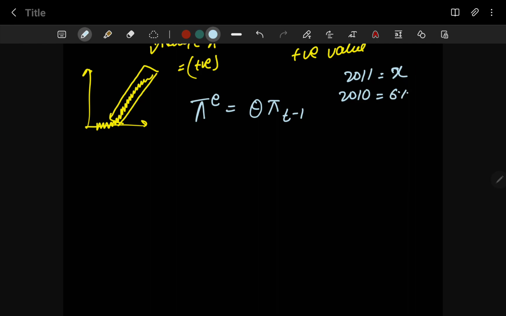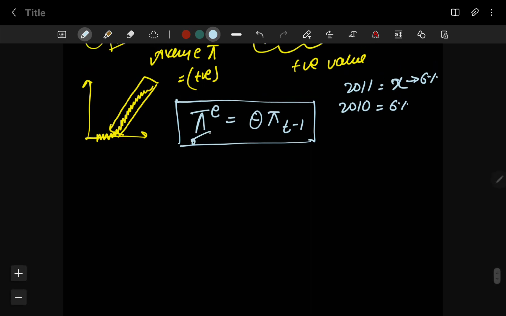I know that inflation is increasing constantly and there has to be some positive value, but I'm not sure what exactly it is. So economists started to believe that the 2011 inflation rate is supposed to be 6%. So economists started to assume expected inflation of the current year to be the inflation of the previous year.